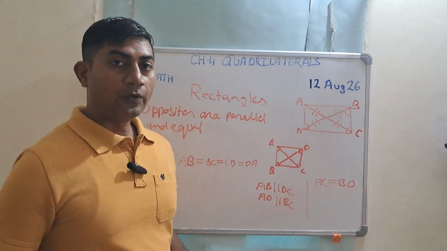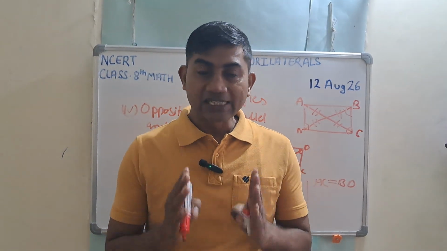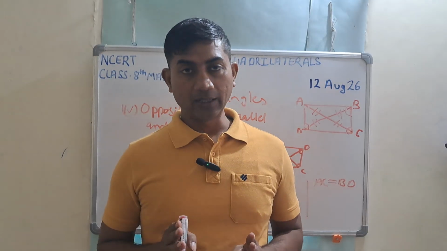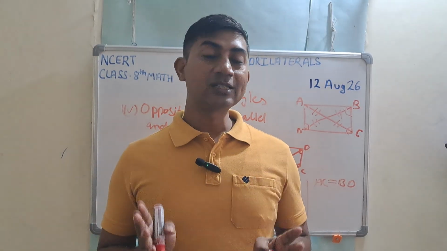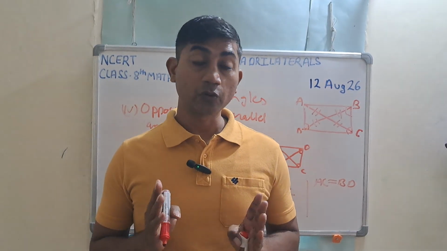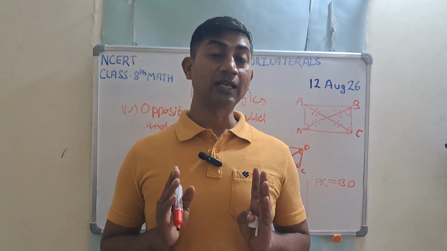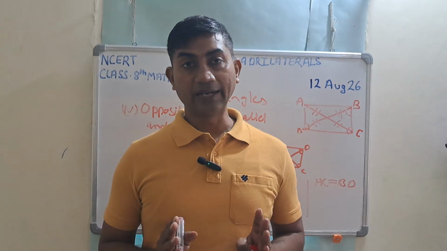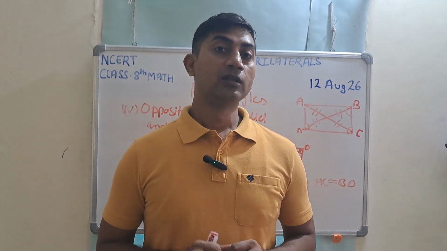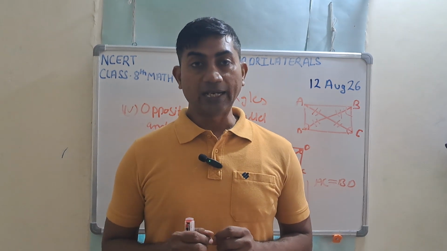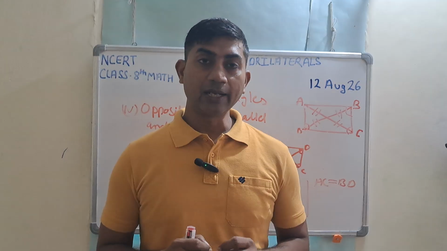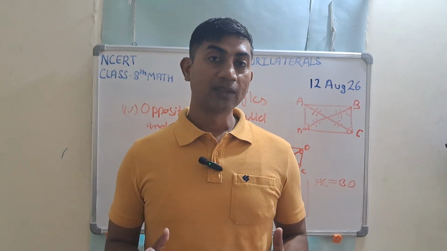When in a rectangle your opposite sides are equal and parallel, as well as all the sides are equal, it means that particular rectangle is a square. So we can conclude that all squares are rectangles, but we cannot say that all rectangles are squares.